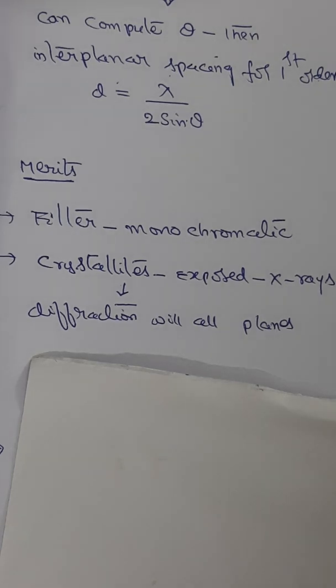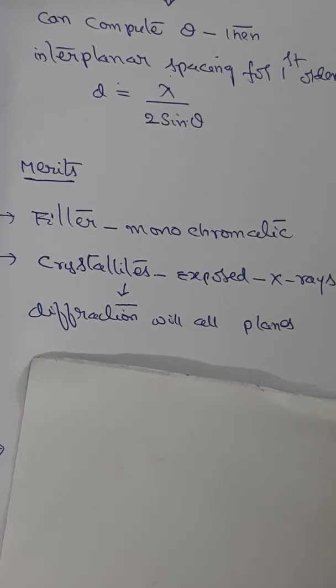When simplified, I told you it comes to around 57.296 by R into s. So from that expression we can calculate the glancing angle theta. Based on the theta value, the interplanar spacing for the first order, for n equal to 1, can be calculated using the equation d equal to lambda by 2 sin theta, and that equation has come simply because of Bragg's law.